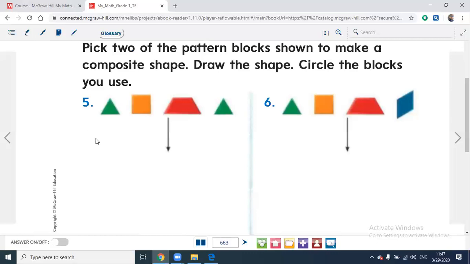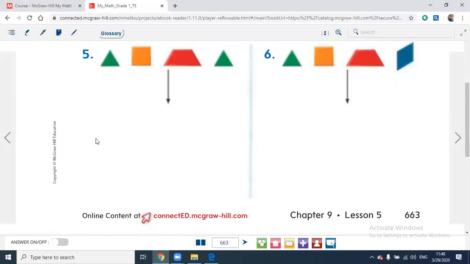Listen, guys, please pay attention. Here, I can use, for example, a triangle. I can use the triangle here. Look here.